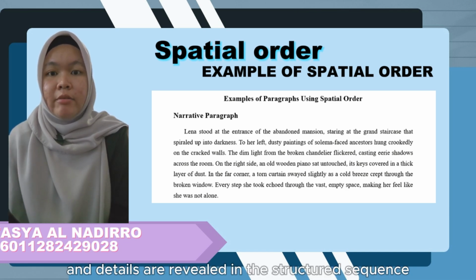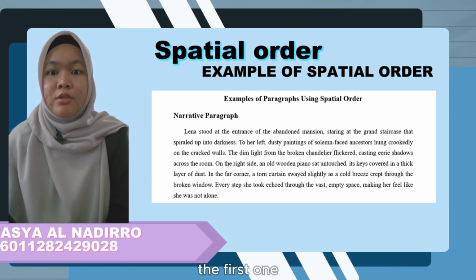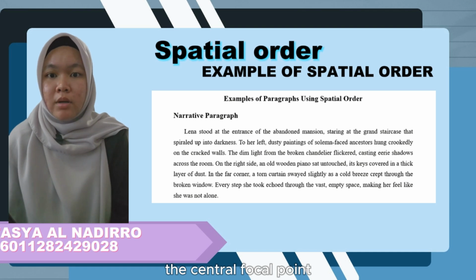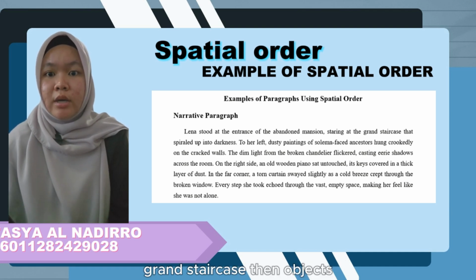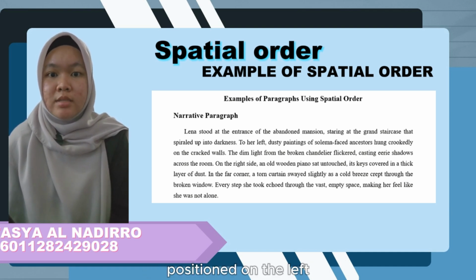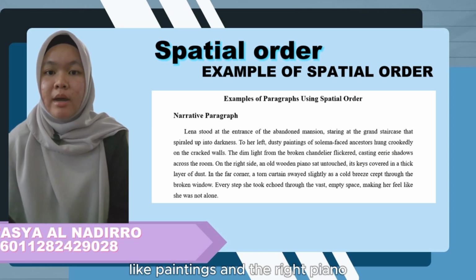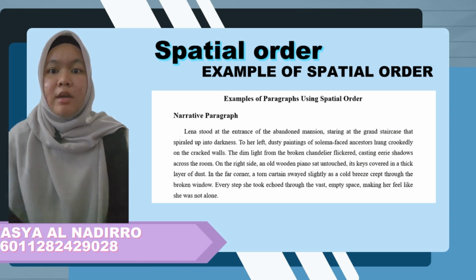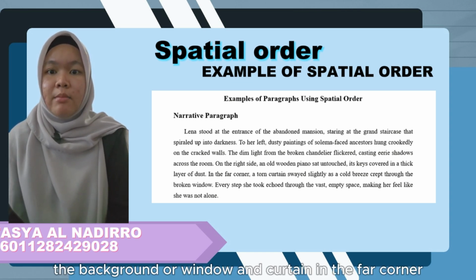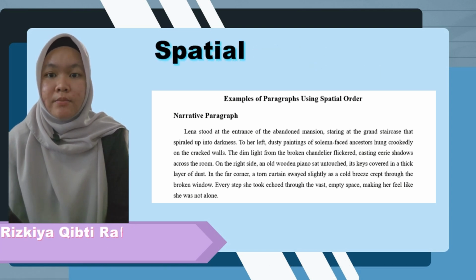The details are revealed in a structured sequence. First, the central focal point, a grand staircase. Then the objects: positions on the left, paintings, and on the right, the piano. And finally, the background, the window and curtain in the far corner.